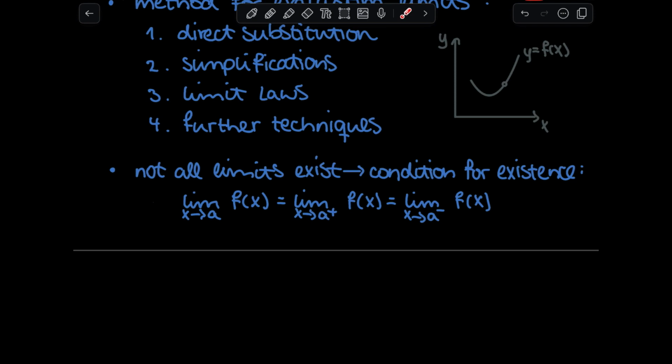And then for x tending to a minus, it would be for x values as they approach some a value from the left, so for slightly smaller x values. And then if those two limits are equal, then our main limit exists.